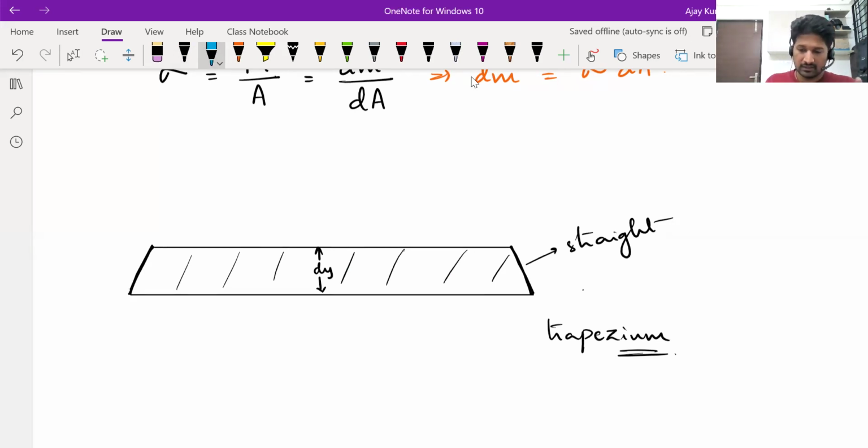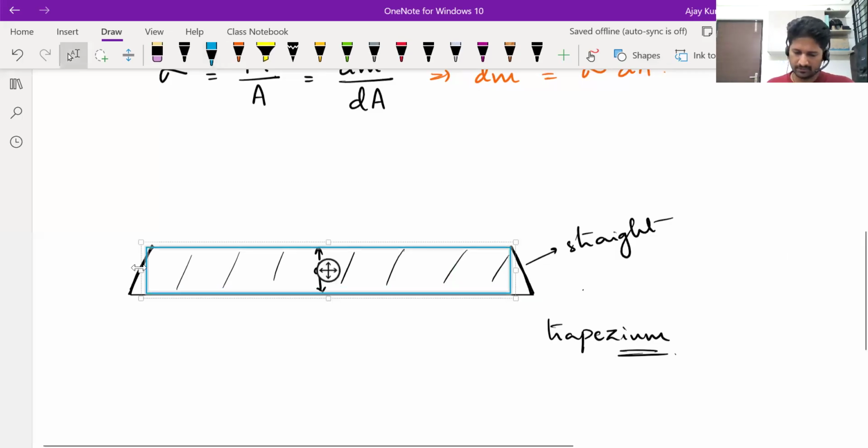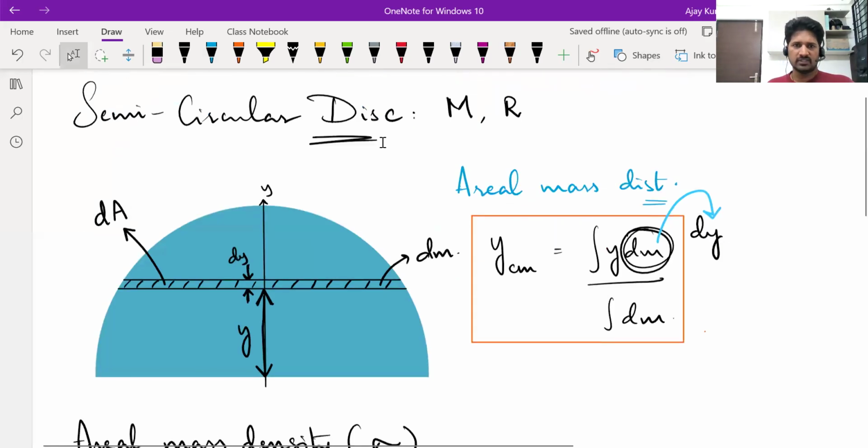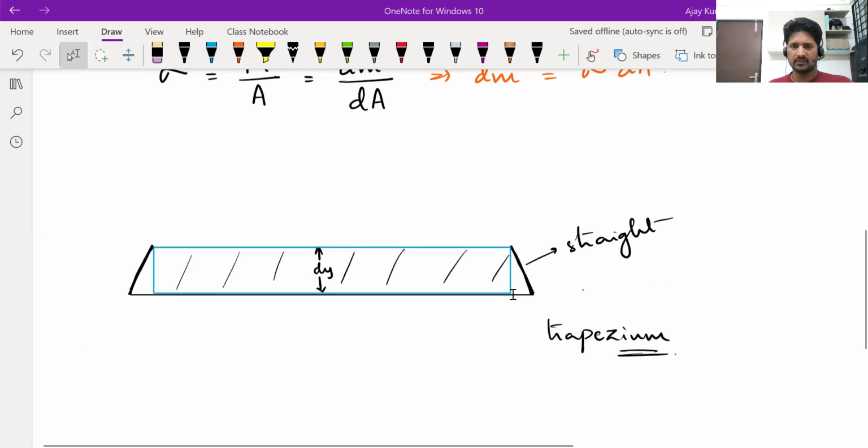The trapezium can be considered as a rectangle plus two small triangles, one on that side and one on this side. Rishi, do you agree with this or not? Yes, sir. The actual dA that we are looking for is the area of the trapezium.